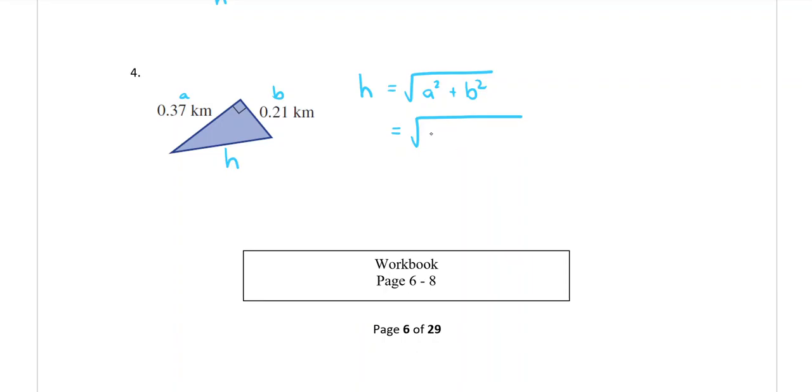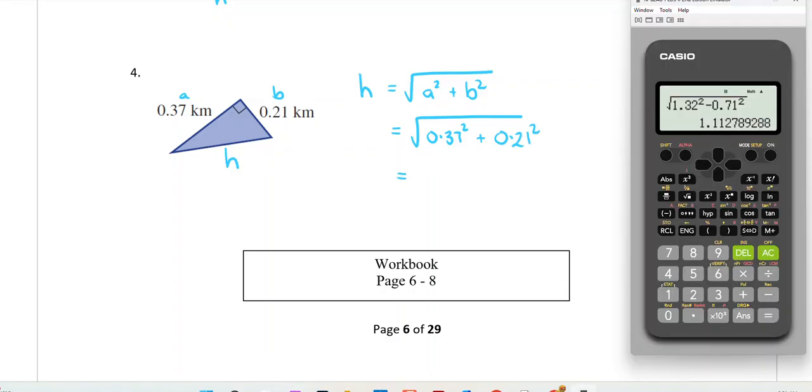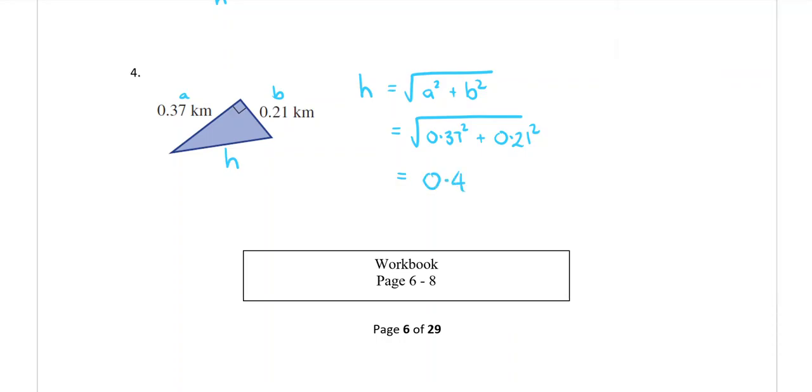I'm going to put in 0.37 squared plus 0.21 squared. This is equal to 0.4 kilometers.